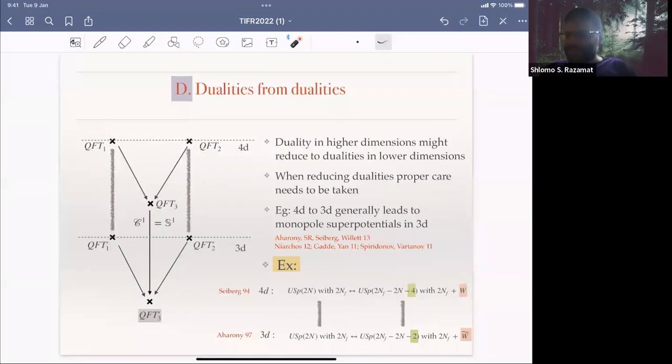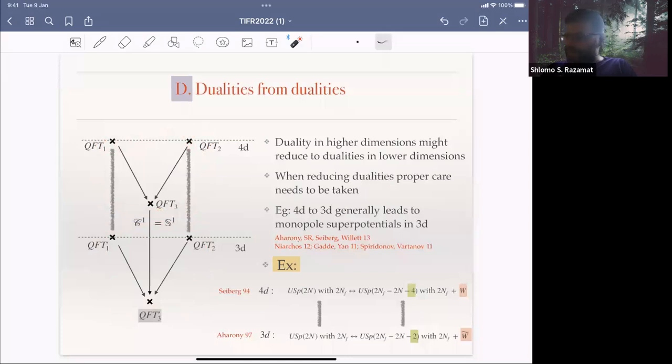For example, you can take these 2 theories on a circle and go from 4 dimensions to 3 dimensions. If you have a 4-dimensional duality, will it lead to a 3-dimensional duality? And the answer is yes. One of the people who studied this was Abhijit, long time ago. And the answer is that you can do that, but there are various tricky points.